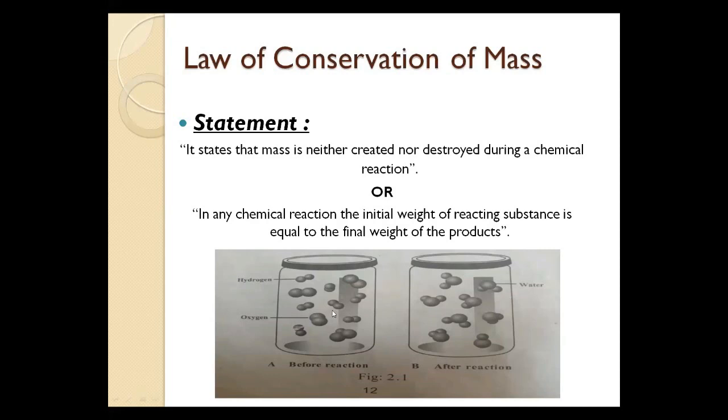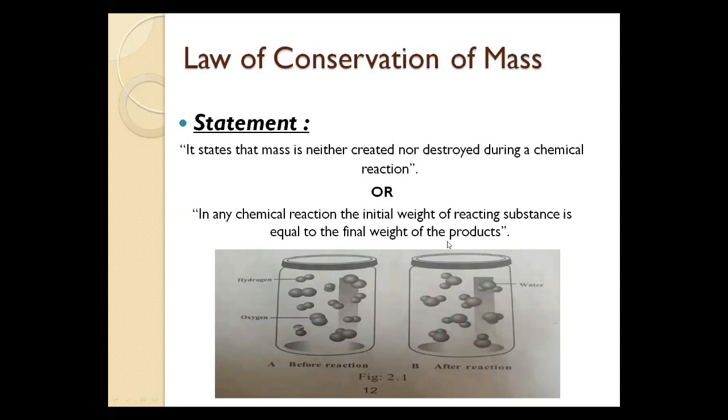So in any chemical reaction, the initial weight of the reacting substances is equal to the final weight of the products. This example proves the above statement: the initial weight and final weight of the substances remain the same.